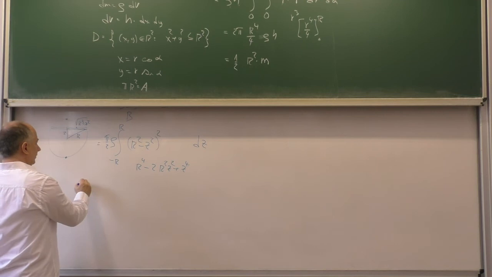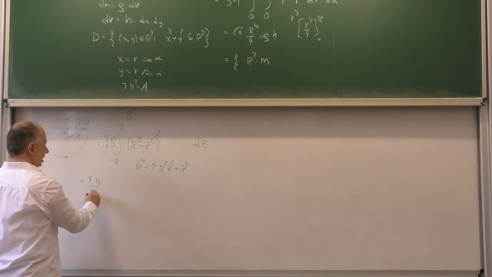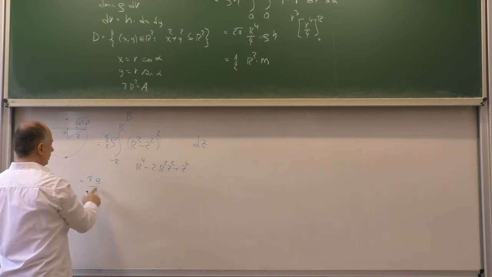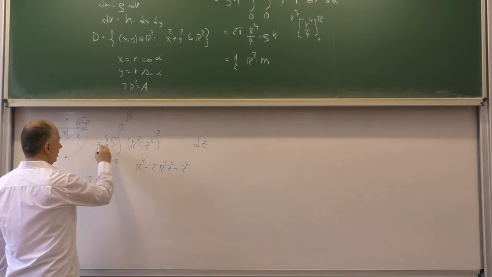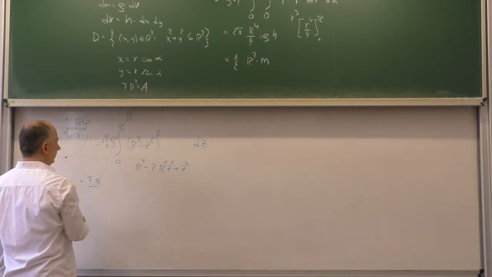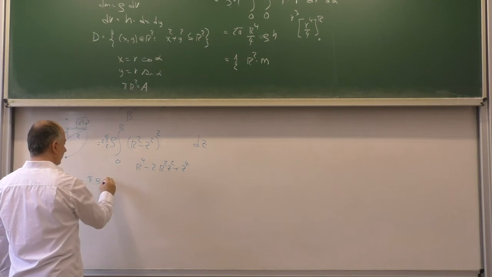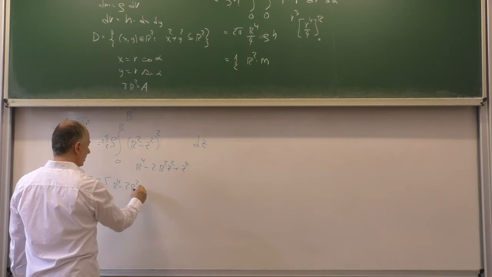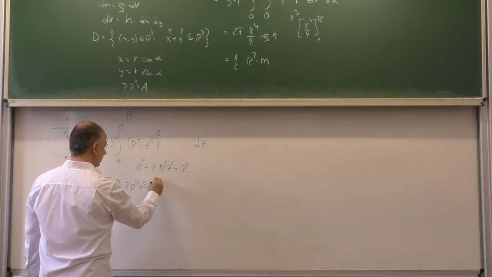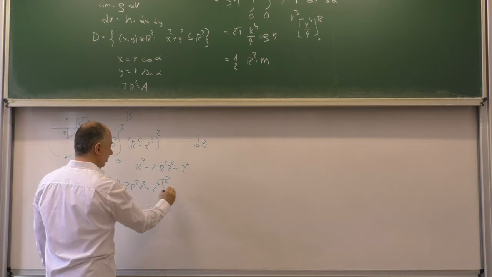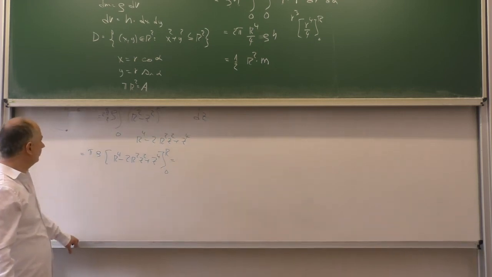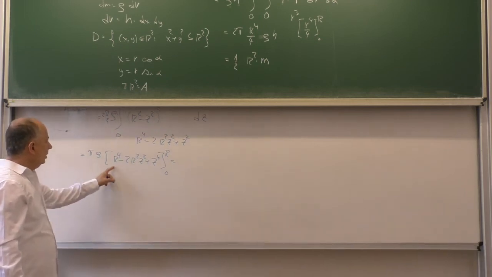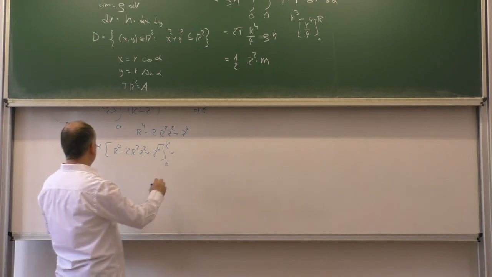So the antiderivative is pi rho half, and this is an even function, so we can multiply by 2 and integrate from 0 to R. And the antiderivative is R to the 4 minus 2R squared z squared plus z to the 4 from 0 to capital R. We have R to the 4 in each term.